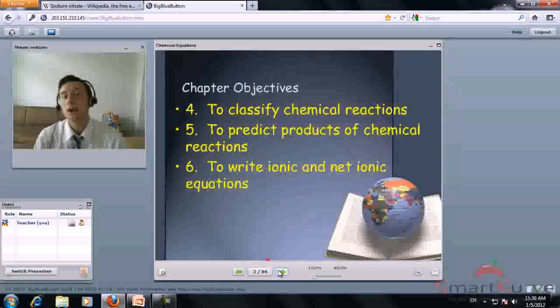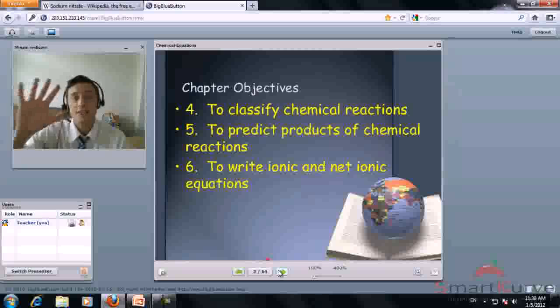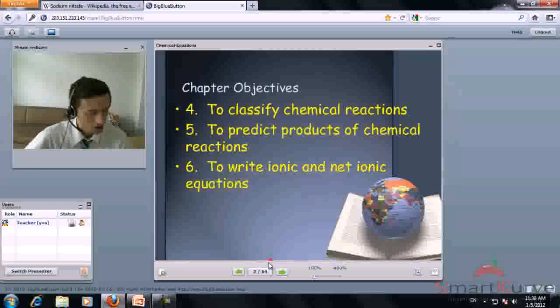We're going to learn how to classify them. We are going to learn 5 different types of chemical reactions to predict the products, to write ionic and net ionic equations. Remember our lesson on the periodic table, when we looked at point 6, we learned about covalent bonds and ionic bonds.